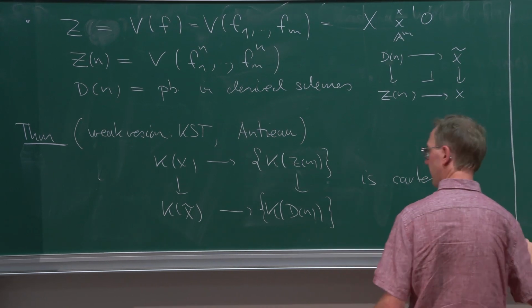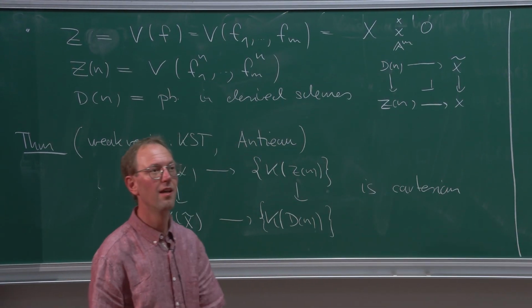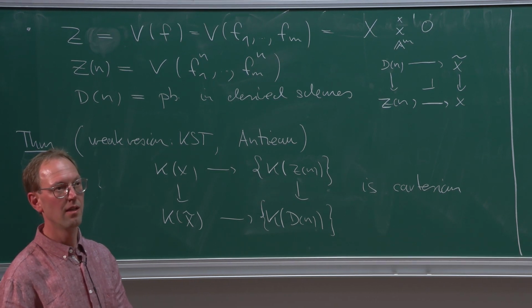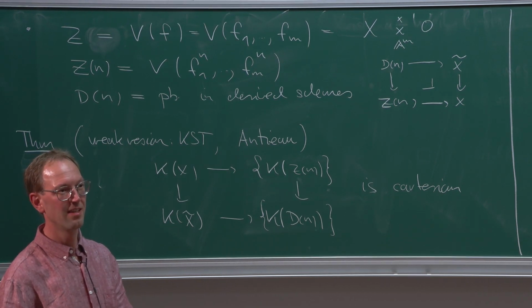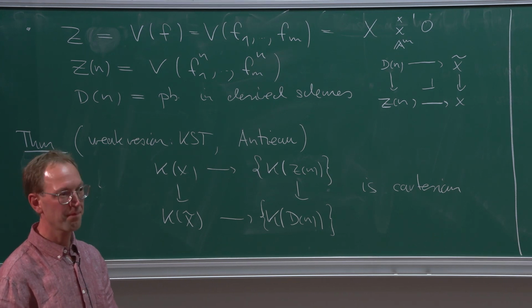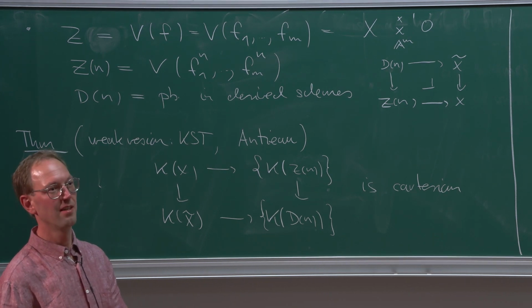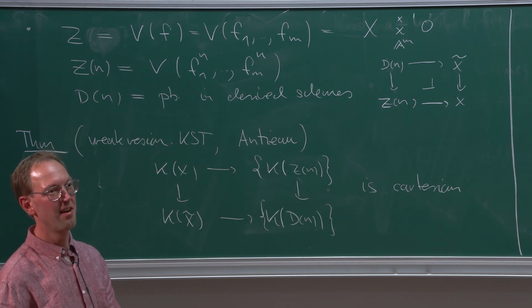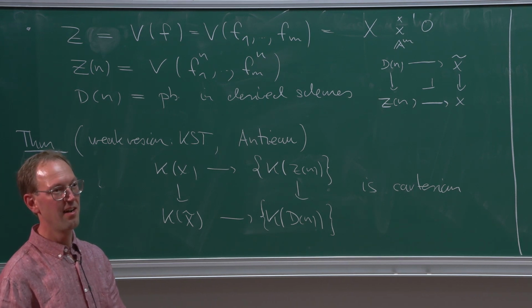So if you define Dn, instead of by F to the n, just as the derived pullback of the thickening of the exceptional divisor in the blow-up of affine space, then this will be closer to the previous iteration. In this case, you should have Cartesian for a fixed n.